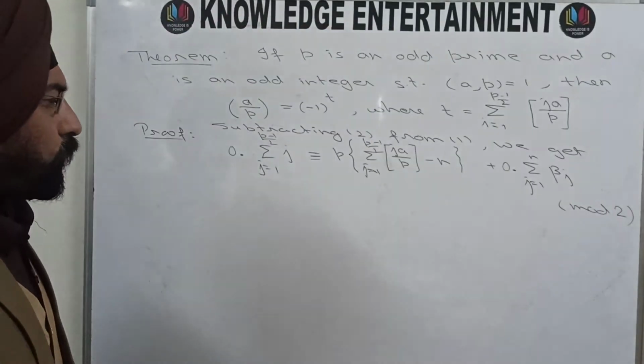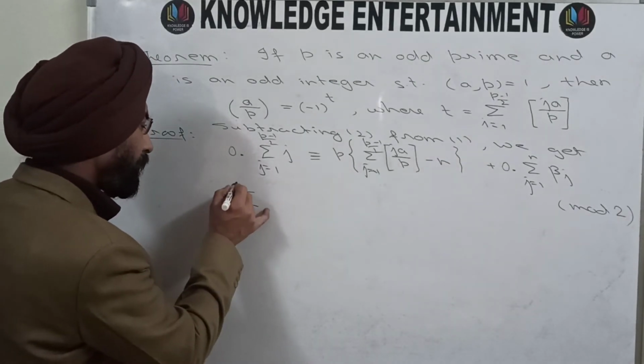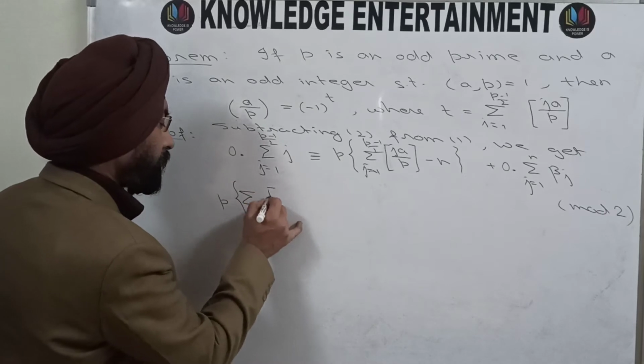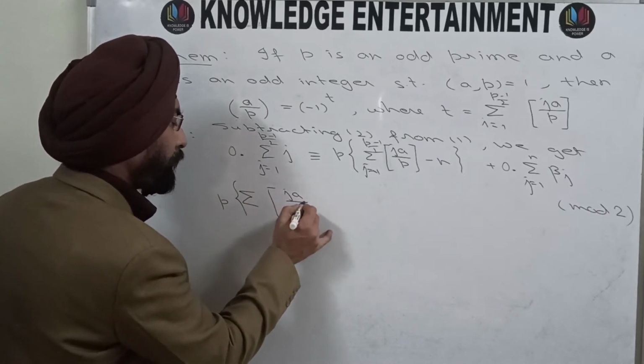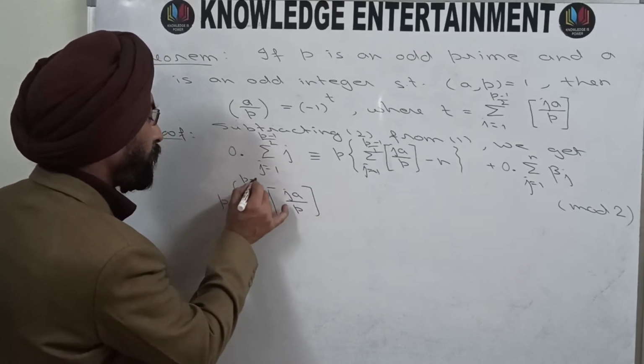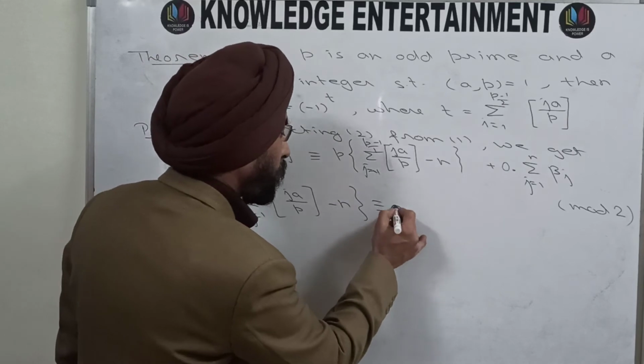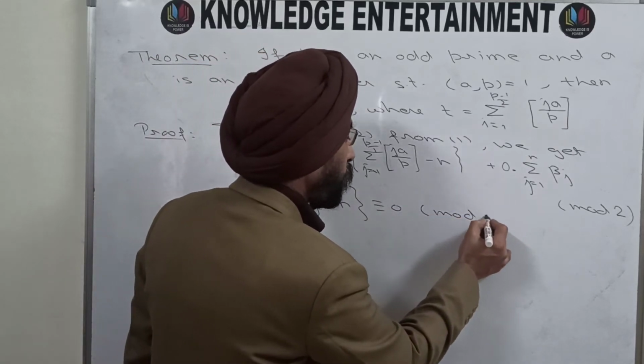So what you are going to get is that p and sigma j a by p, j varying from 1 to p minus 1 by 2, minus n is congruent to 0 modulo 2.